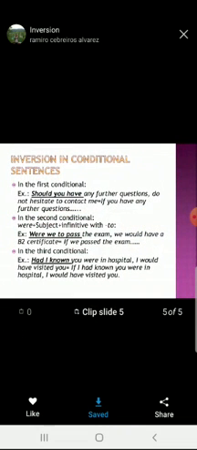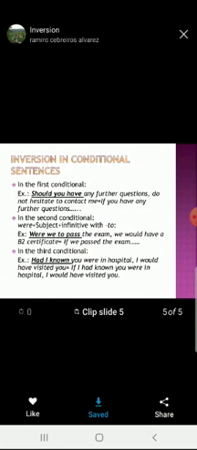And then the next, inversion in conditional sentences. Do you still remember about conditional sentences? Kayak ini yang if ya, yang biasanya tuh pakai I wish, kemudian yang pakai if, yang ada if tipe 1, tipe 2, tipe 3, maksudnya seperti itu ya. Oke, in the first conditional, should you have any further question, do not hesitate to contact me. Jadi this is used to substitute the conditional sentences.